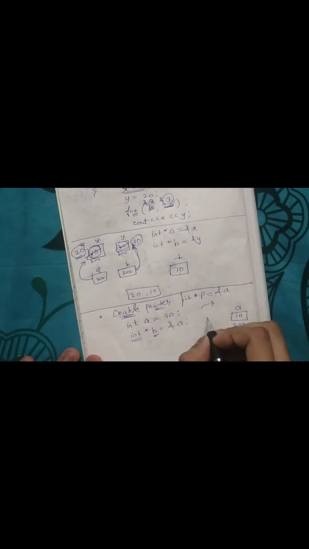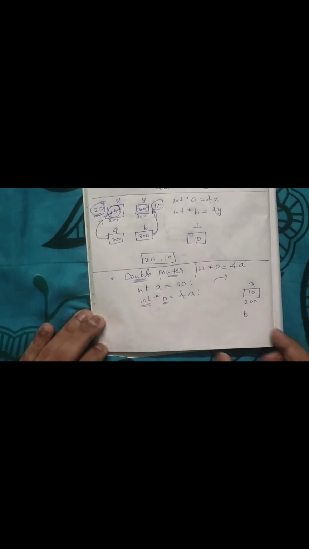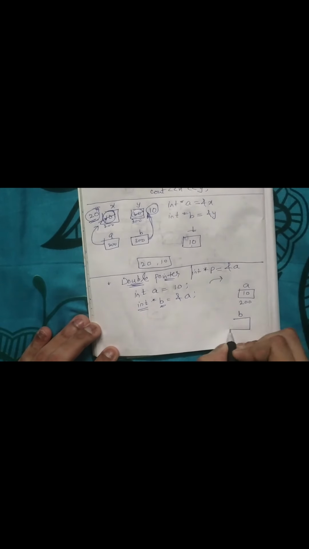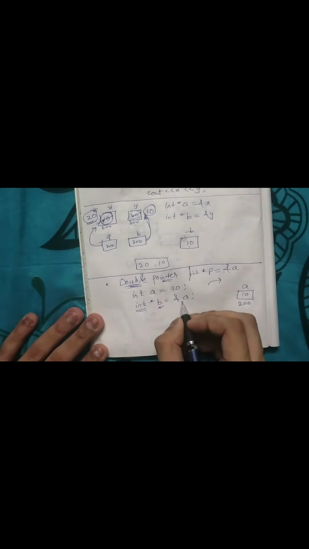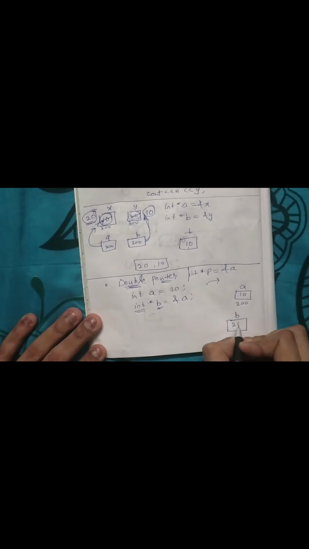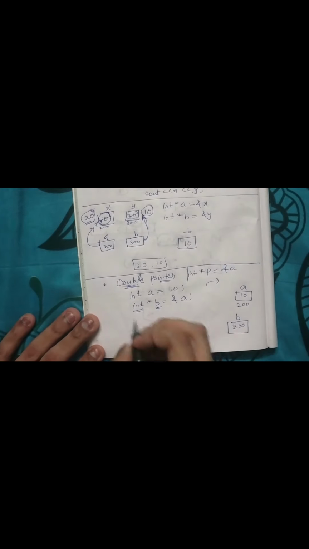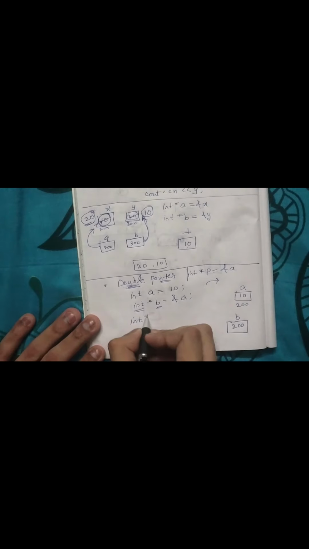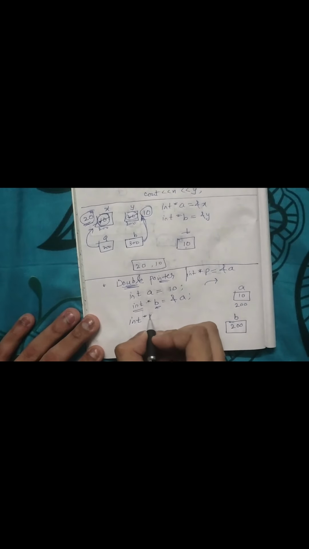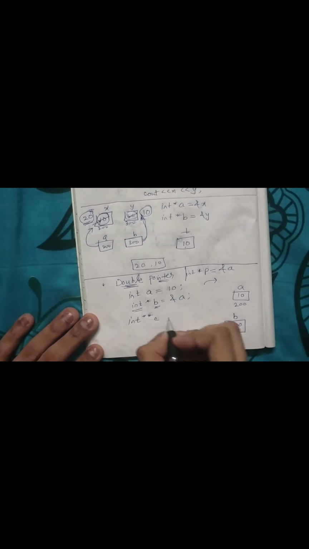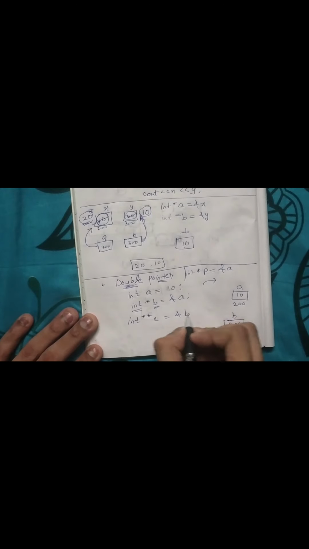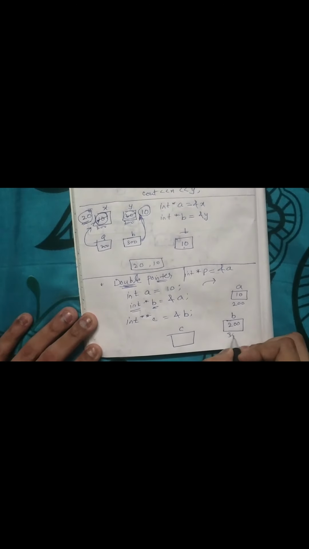Now my b has the address of a, which is 200. Now I am declaring a double pointer c, which has the address of b. So c will have the address of b. Suppose this is 300, so it would be 300.